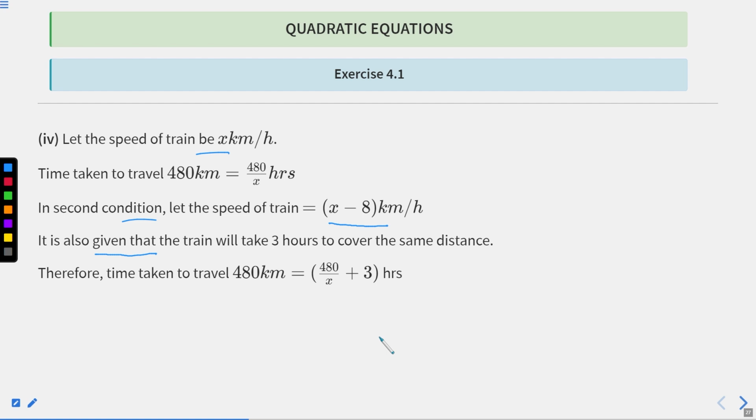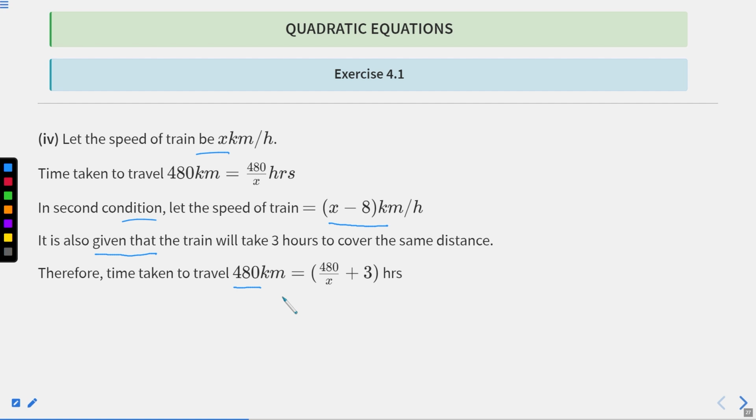Therefore the time taken to travel 480 km is now 480 divided by x plus 3 hours.